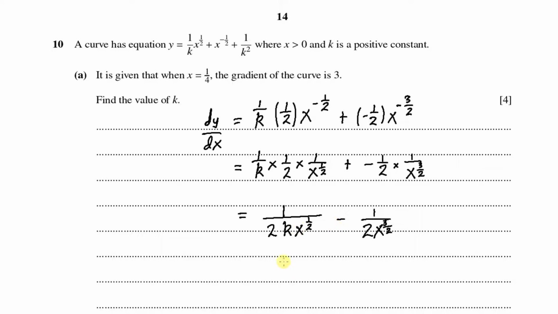Now, according to the question, they say it is given that when x is equal to a quarter, the gradient of the curve is 3. So we're saying when x is equal to a quarter, dy by dx is equal to 3. So let's see how we can work around that.